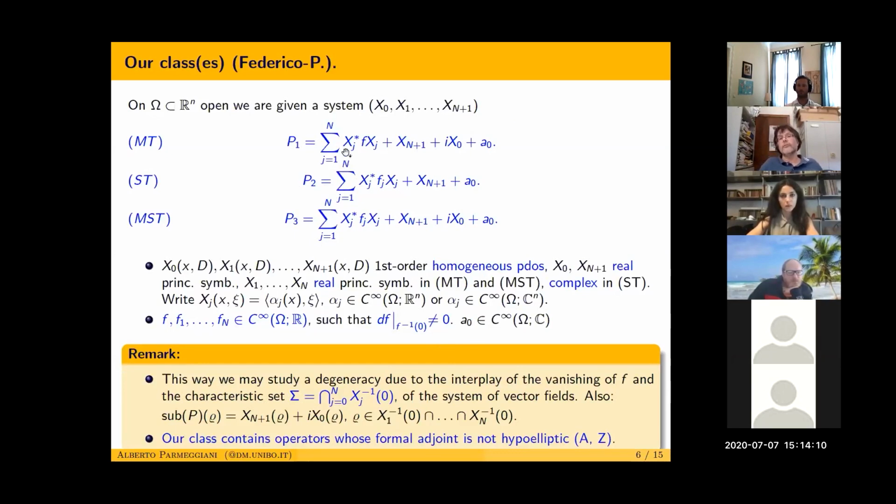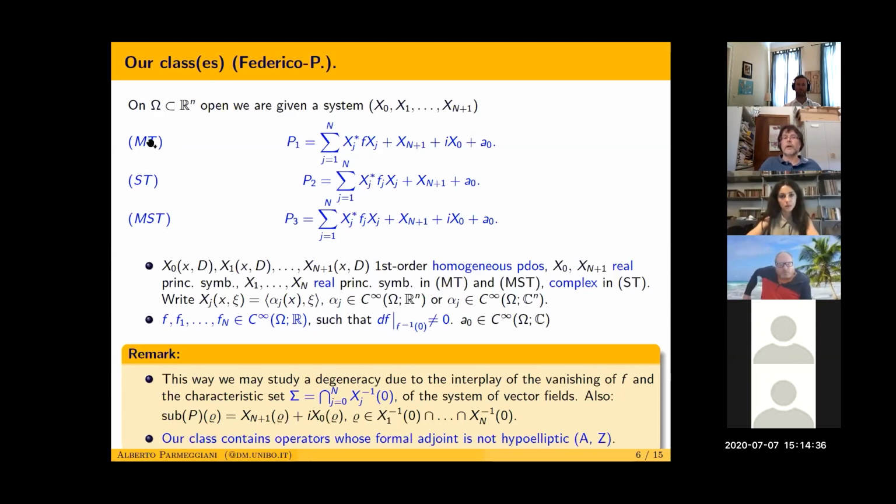In this first case, you see, here we have a sandwich of the function f, we have vector fields like before, and then we have here something which is complex in a sense. It has some first order part, which is complex. So these are operators that must be real with real principal symbols, in this case MT, then also in MST.